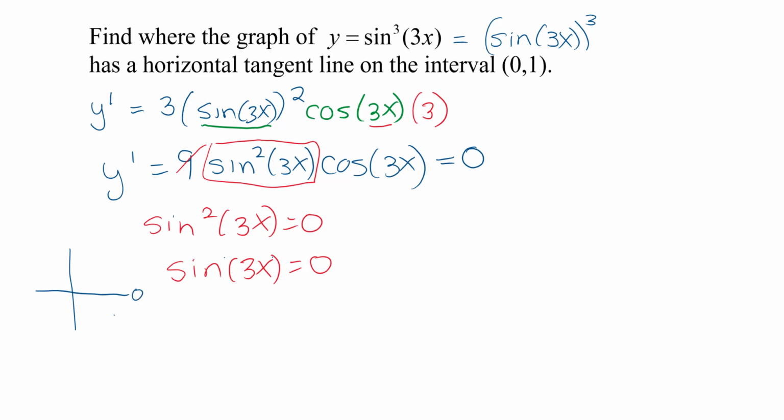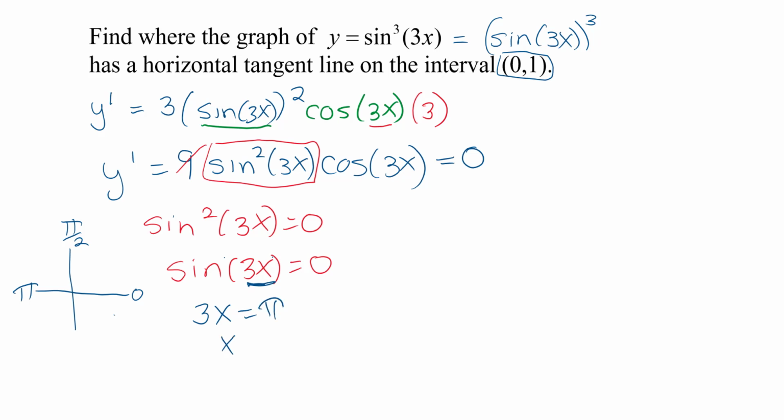And now let's think of the unit circle. And here's 0, here's pi over 2, here's pi. And think of when is the sine 0. The sine is 0 at 0, but our interval is from 0 to 1 and doesn't include 0, so that won't be one of them. And the next value on the unit circle where the sine of something is 0 would be at pi. But it wouldn't be x equals pi because we have 3x, so it would be 3x equaling pi.